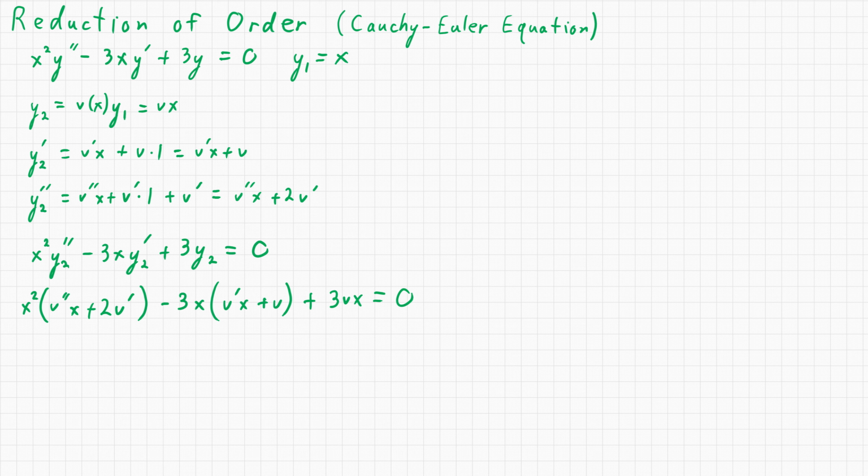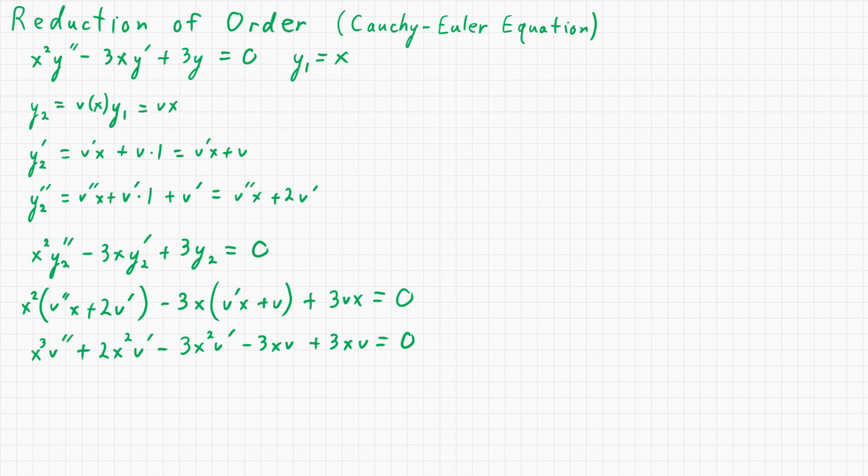All right, so let's multiply this out. I'm going to start putting the x's in front of the v's. So we're going to have x cubed v double prime, plus 2x squared v prime, minus 3x squared v prime, minus 3xv plus 3xv equals 0.